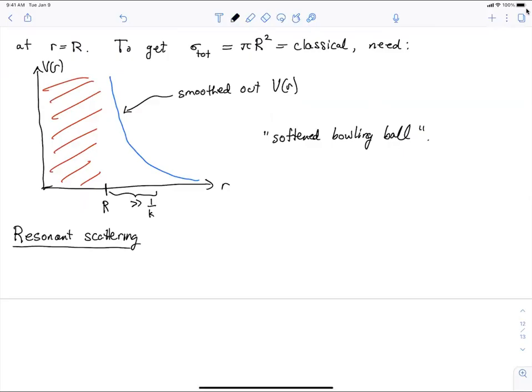So let's write down what the nth partial wave total cross-section looks like. This is just a reminder. It involves the sine squared of delta L, and delta L depends on the energy.